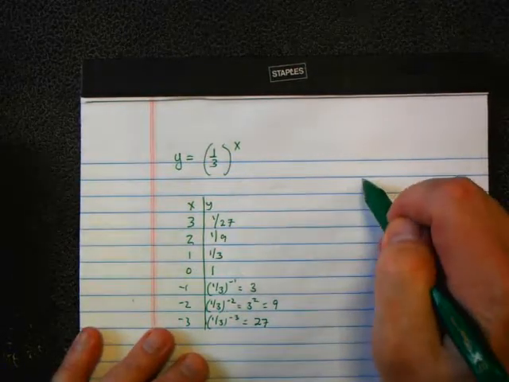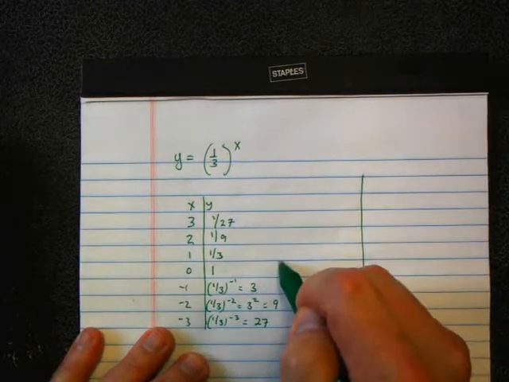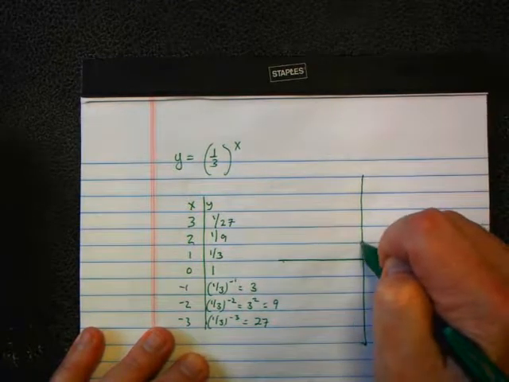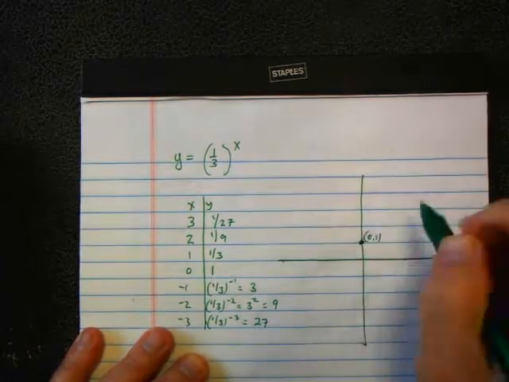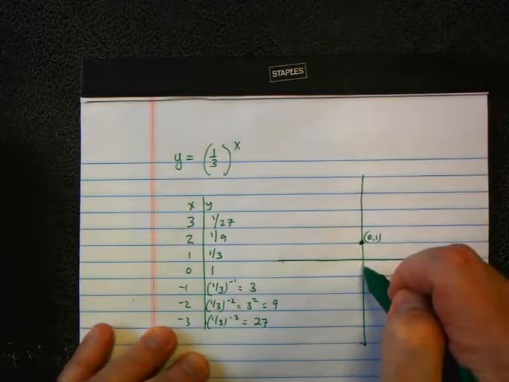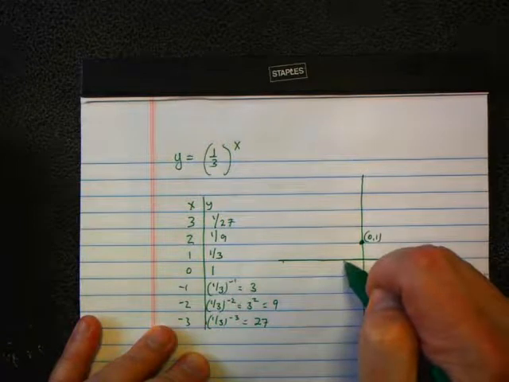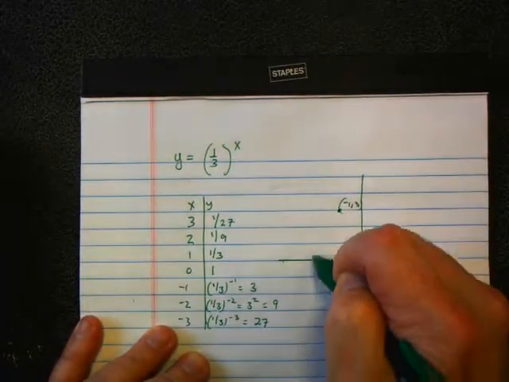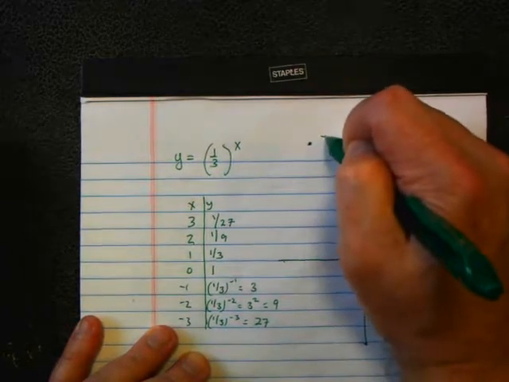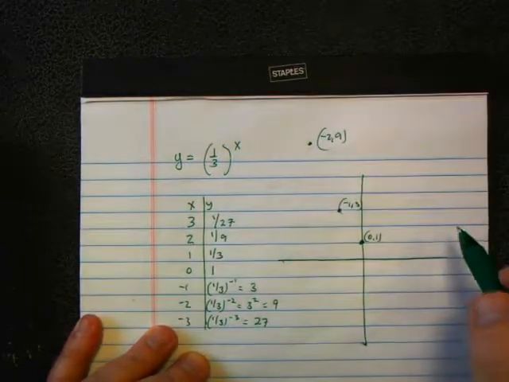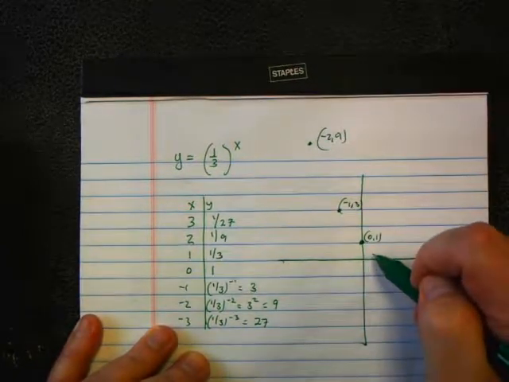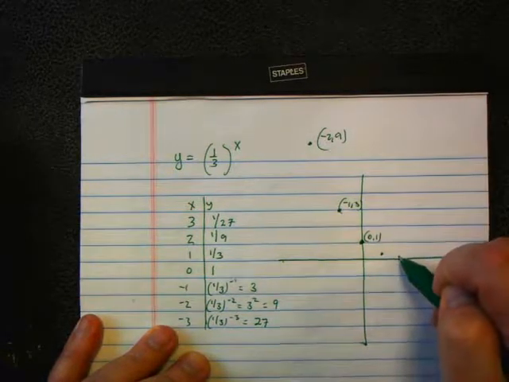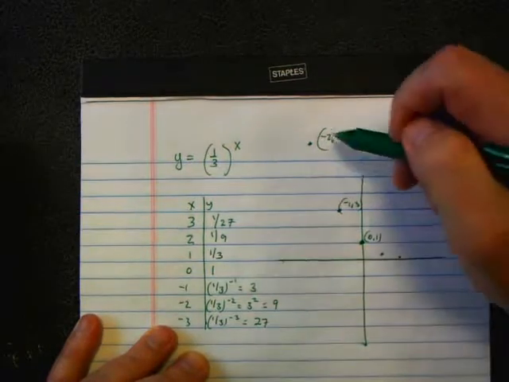All right, so now we have a picture that looks like this. We have 0, 1 still. We have negative 1, 3. We have negative 2, 9, way up there. We have 1, 1/3, 2, 1/9, 3, 1/27, and so on and so forth.